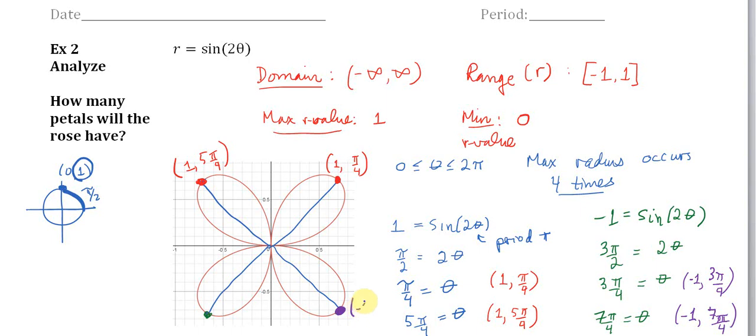Okay, so this is (-1, 3 pi over 4). And then if we go out -1 and 7 pi over 4, so this is 1 pi over 4, 2 pi over 4, 3 pi over 4. This is pi right here. This is 5 pi over 4. 7 pi over 4 is actually right here.